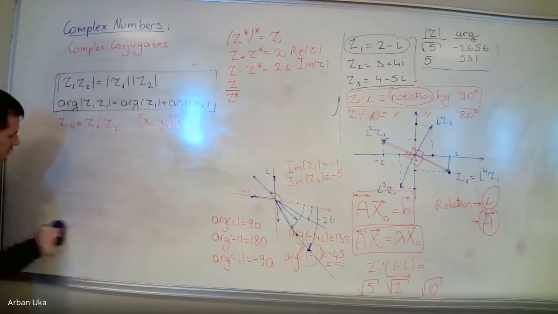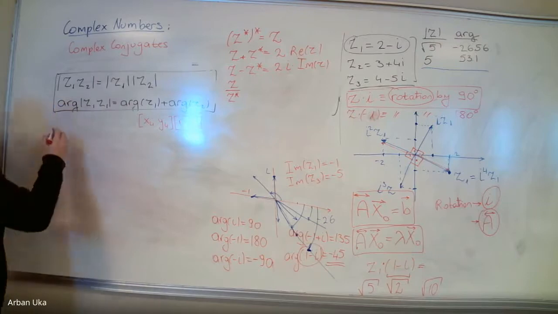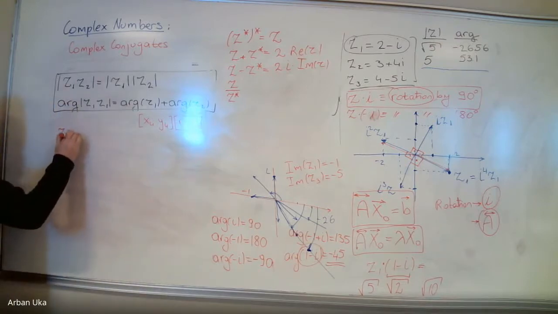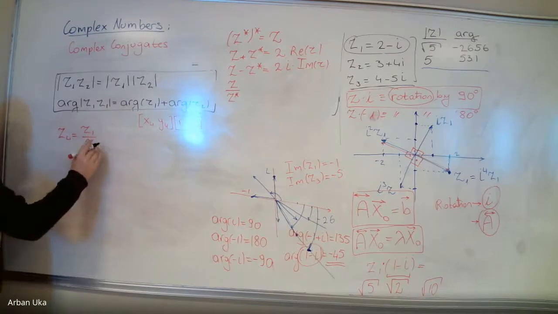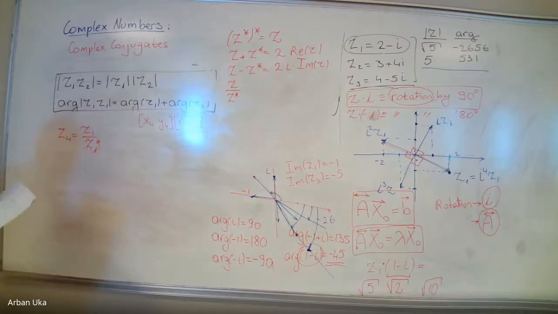And let's assume we have Z4 is equal to Z1 divided by Z1 complex conjugate. Sorry, that's Z1 complex conjugate. In fact, we have not defined the division yet.